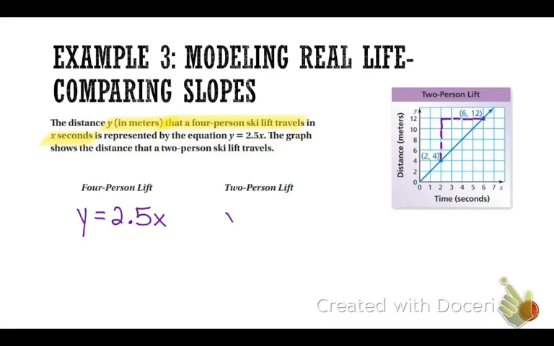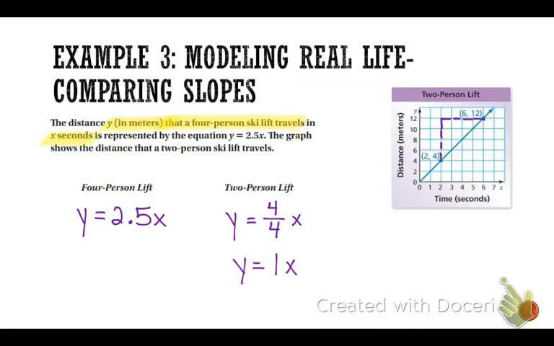So y equals 4 over 4x. Well, what's 4 over 4 reduced to? 1. So y equals 1x. All right, so what is this telling me about the speed?